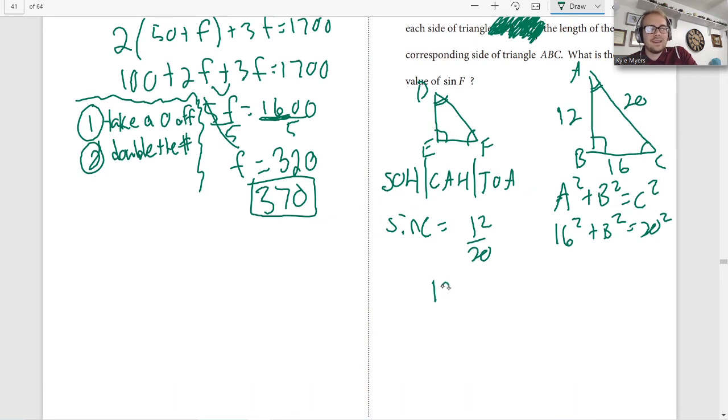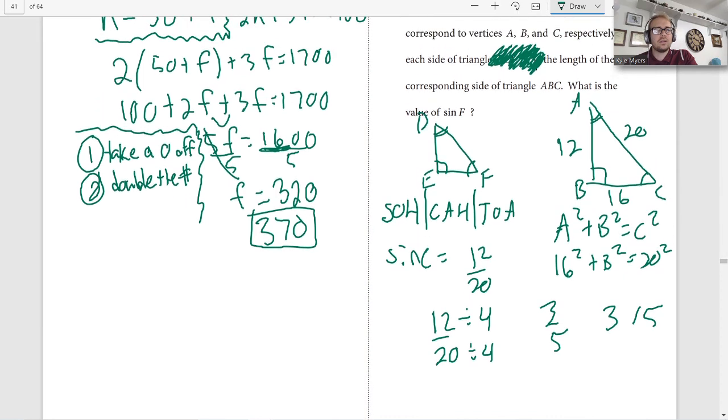But let's go ahead and simplify this fraction just to be safe here. So divide by 4, divide by 4. So that's 3/5. And I would just type that in as is. It would also be 0.8, but remember, do as little math as possible. That's always the golden rule when you're doing this kind of stuff.